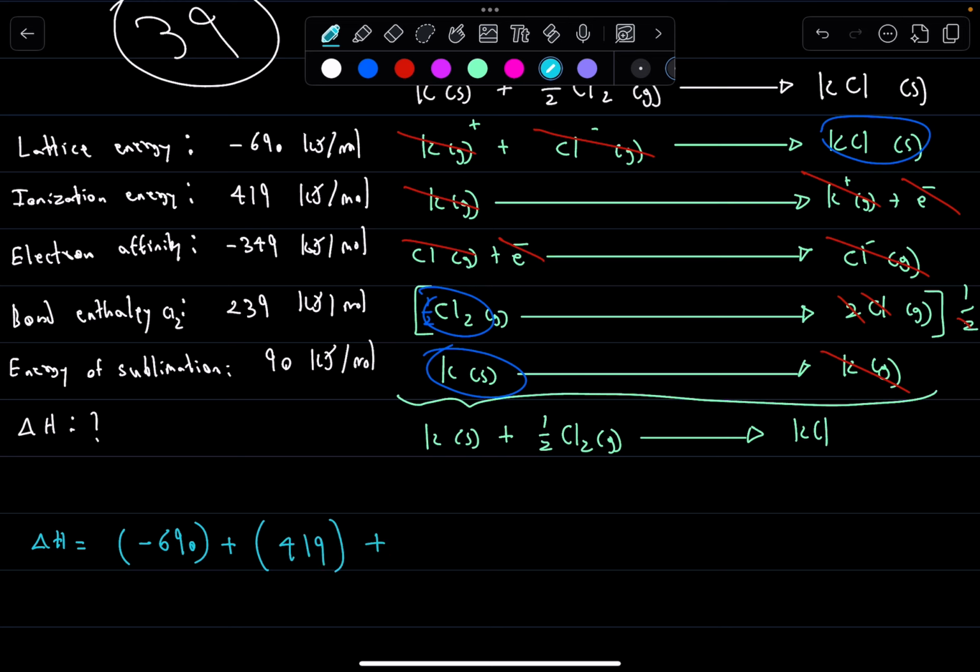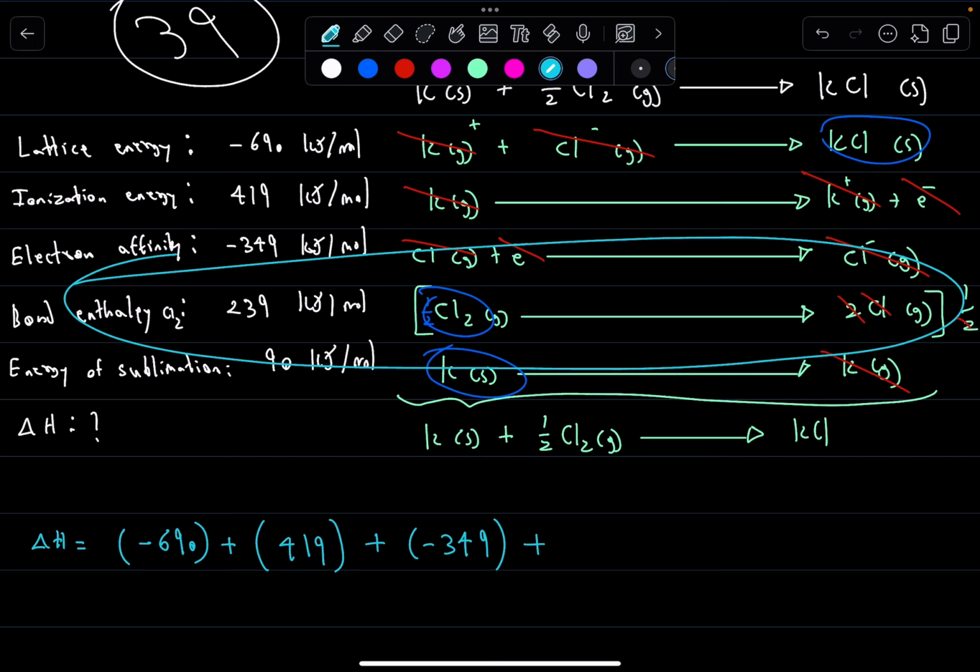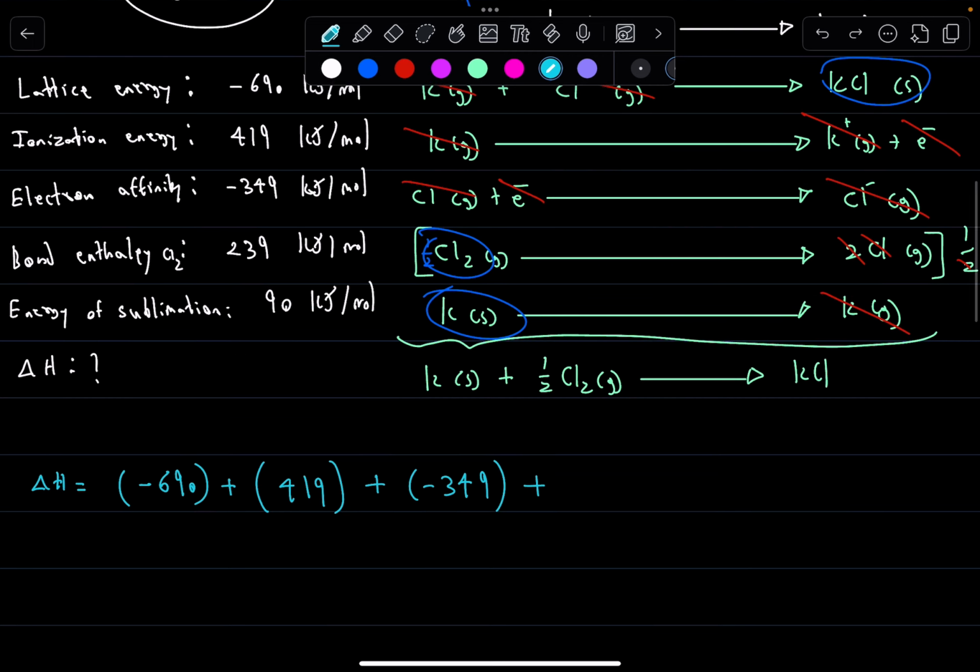Did we do anything to the electron affinity step? No, so we're just gonna leave it as is. And did we do anything for the bond enthalpy step? We did. We multiplied the reaction by 1/2, or I guess you divided it by 2 if you want to say it right.